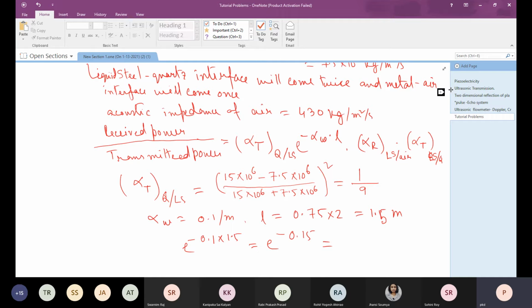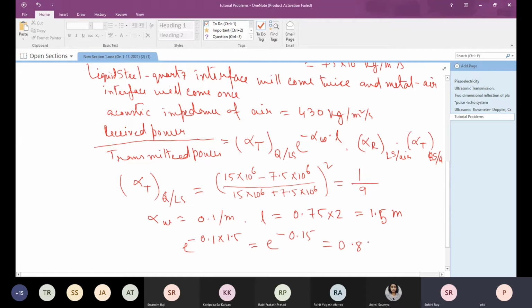E to the power minus x. So how much is this? Is it 0.86 or something?